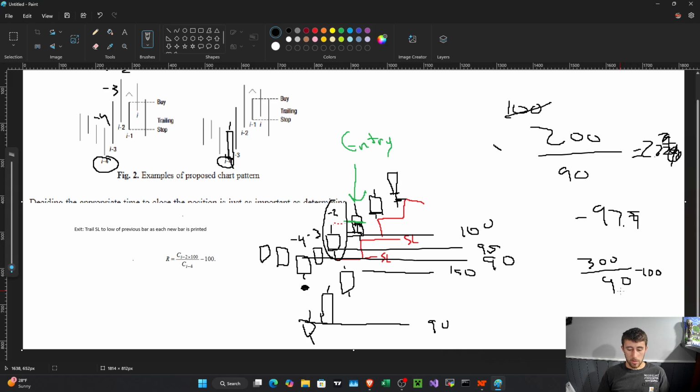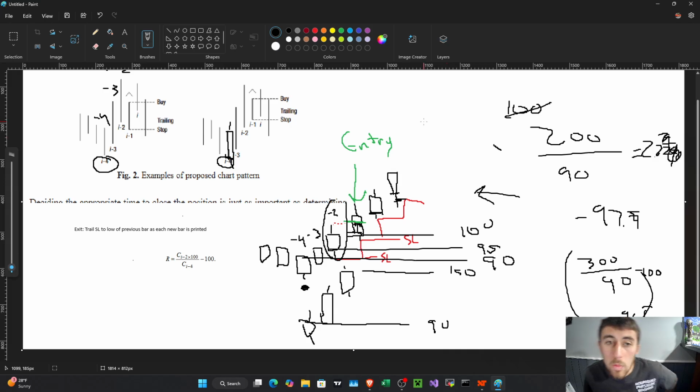And that gives us negative 96.6 repeating. So higher. So we would take this one over the other one. So basically it's saying candlestick patterns with more momentum are the ones we're going to focus on.